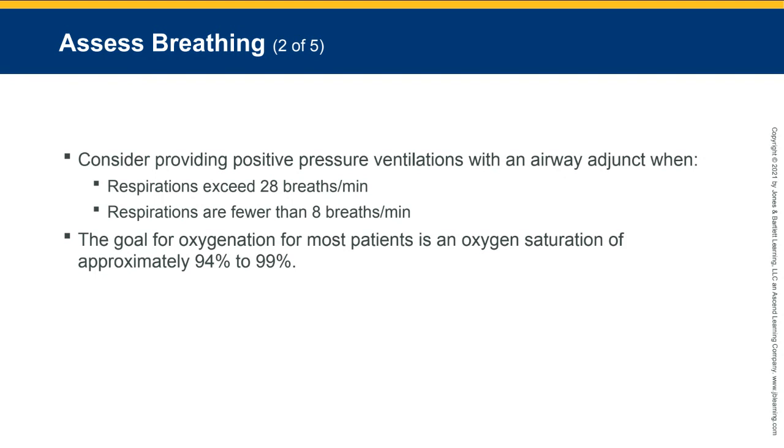Based on those considerations with the breathing number, the rate of breathing, I will be able to determine if the patient requires positive pressure ventilation or assisted or artificial ventilation. So never make a decision to bag any patient based on their rate of breathing alone.